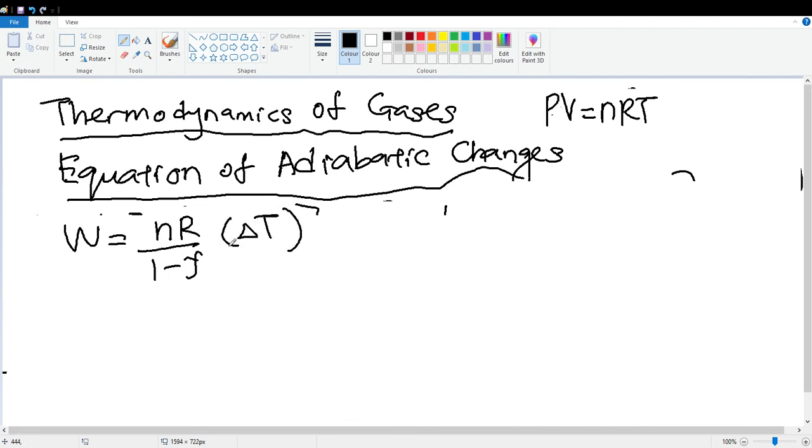This delta T can be either positive or negative.